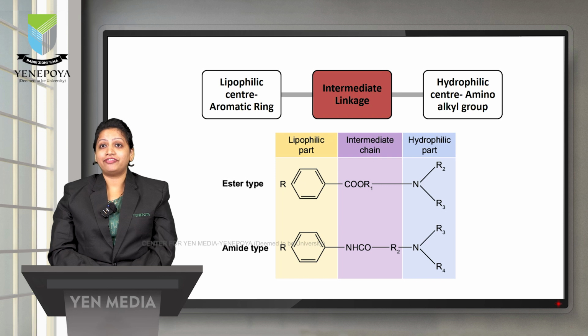So the binding affinity and stability of the anesthetic molecule is affected by the linker and the functional group on the aromatic ring. In general, ester molecules are more susceptible to hydrolysis than the amide functional group. Because of this nature, the amides are preferred over esters, as esterases are widely found in the blood and liver.